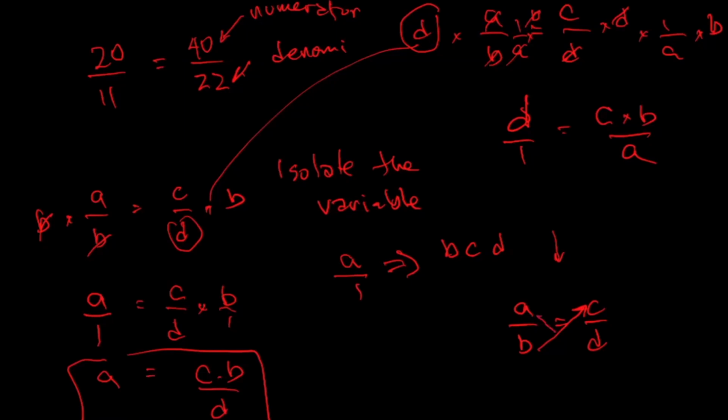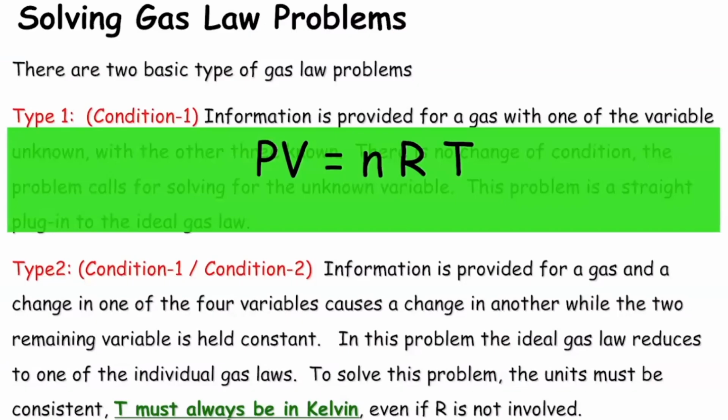A needs to go to the denominator. D needs to go to the numerator. C needs to go to the denominator. Let me do this again so that you can see this. Why is this so important? Because you guys are going to be doing this a lot in gas laws.